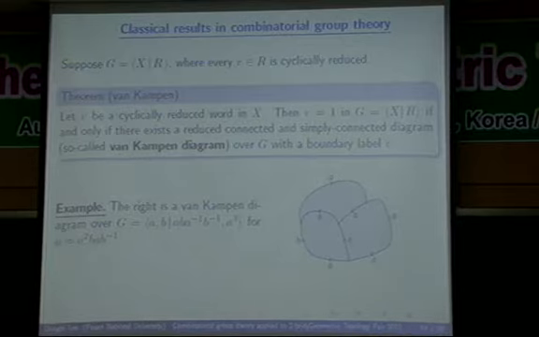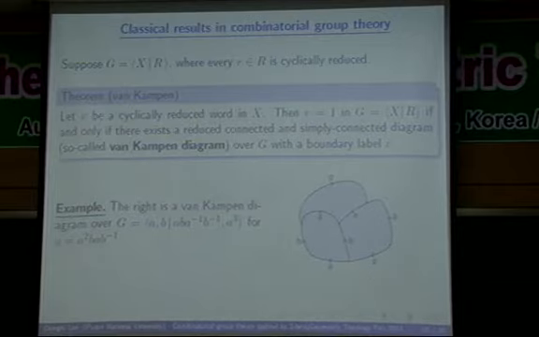So this is an example of a Van Kampen diagram over this group presentation. Obviously, we see that this face has the boundary label A, B, A inverse, B inverse, which came from this, and A, B, A inverse, B inverse is equal to this, and A cube. So this is a diagram over this group presentation, obviously.